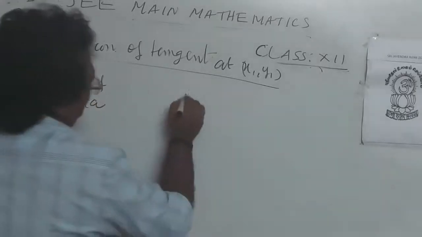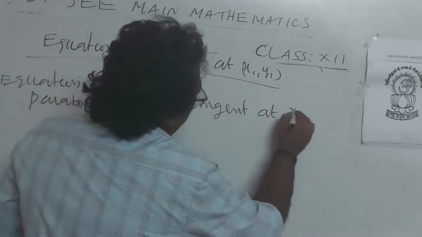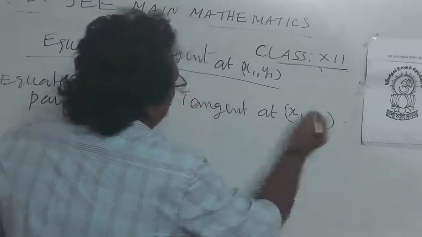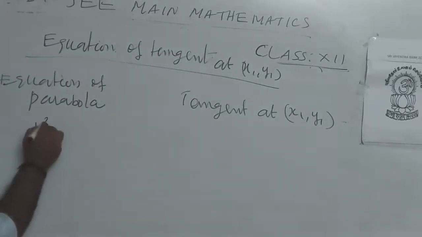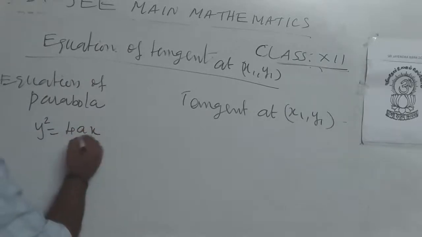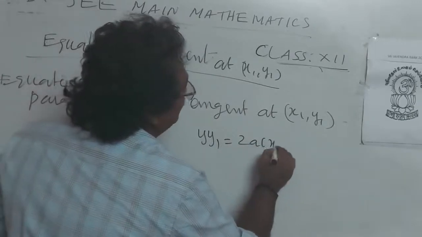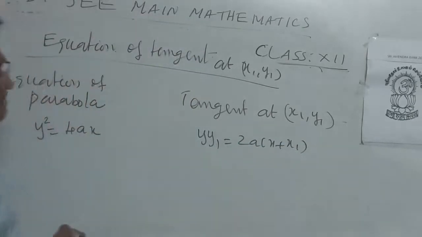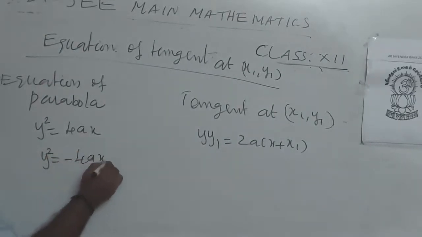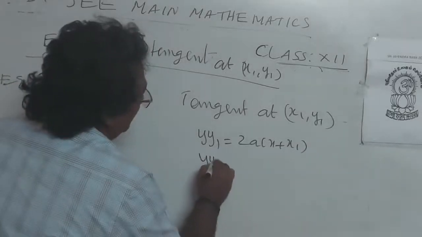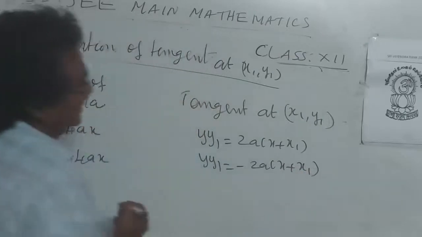Equation of parabola, tangent at x1 comma y1. For y squared equal to 4ax, the tangent is y y1 equal to 2a into x plus x1. For y squared equal to minus 4ax, y y1 equal to minus 2a into x plus x1.